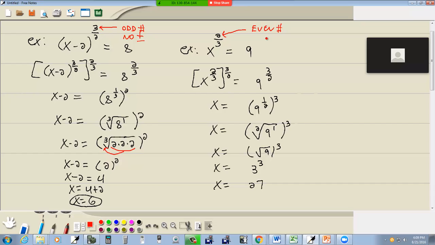If you have an even number up on top, then you need to put a plus or minus. When you raise both sides to a power, you have to put a plus or minus here. So then our answer is actually plus or minus 27. So again, the driver behind all of that is whatever number's up on top.